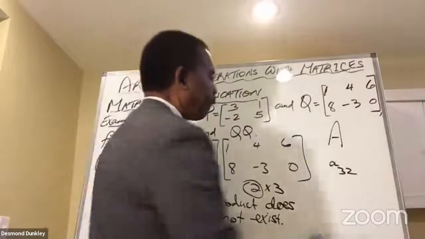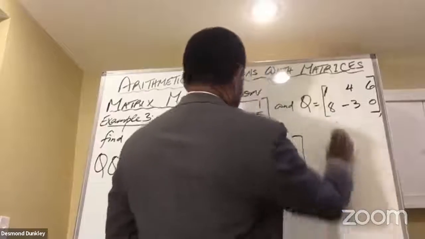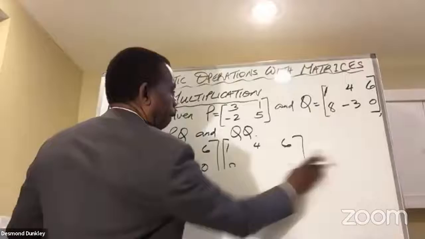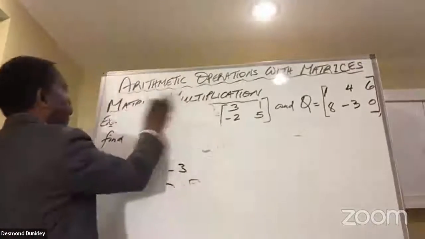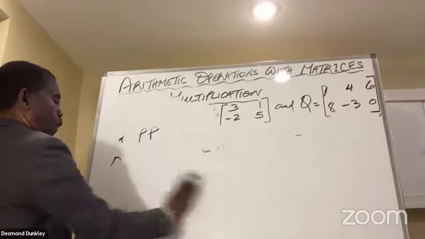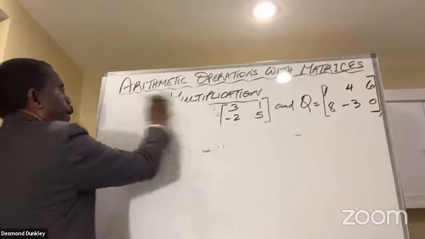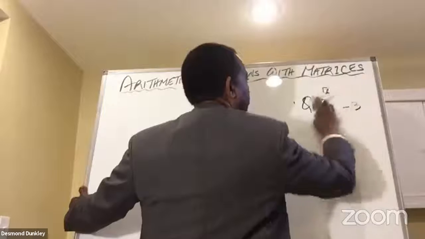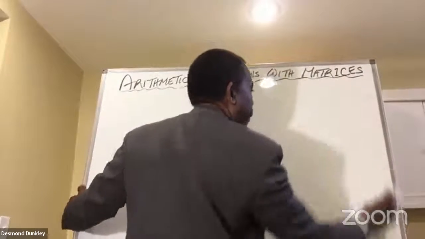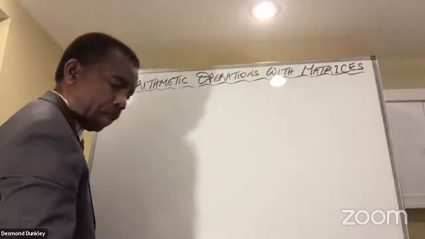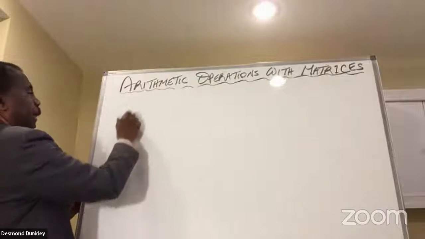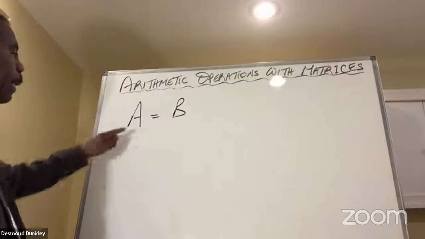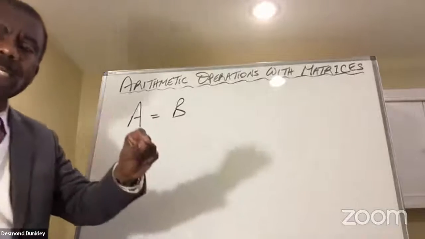We discovered that if matrix A is equal to matrix B, then we know that these two must be the same size.